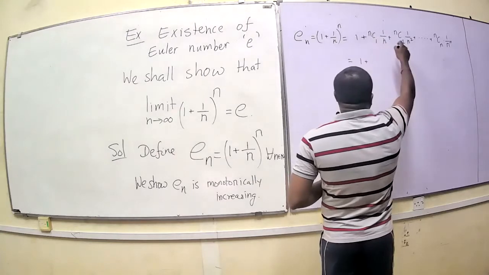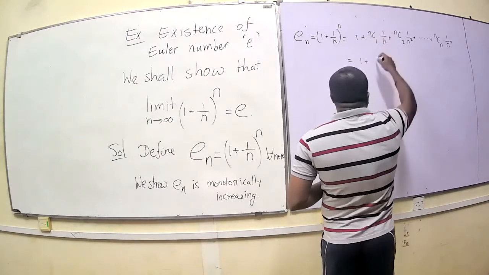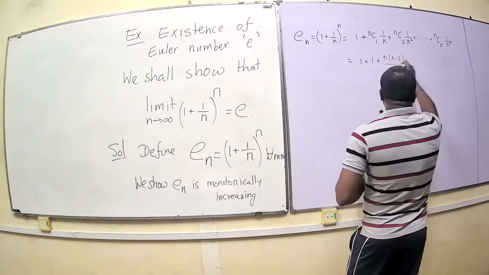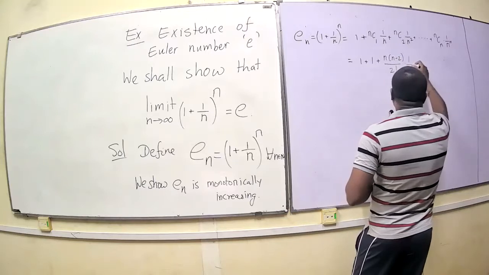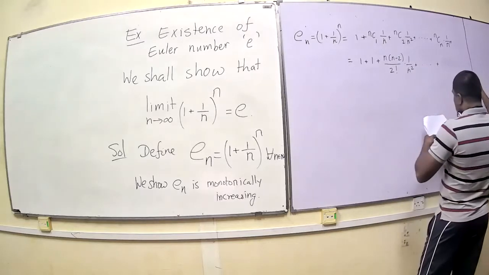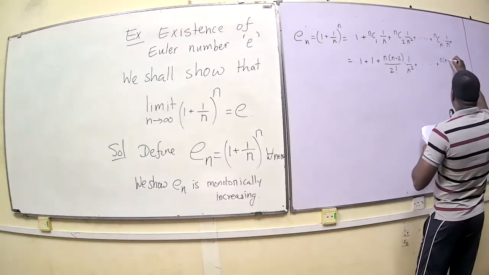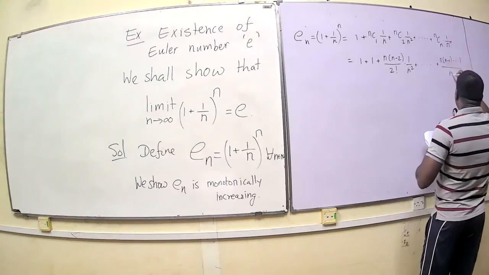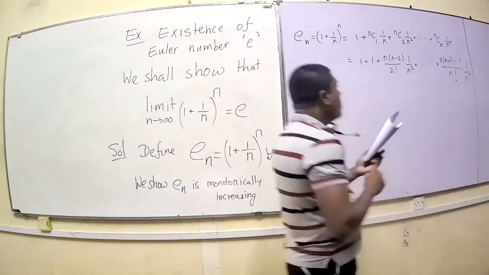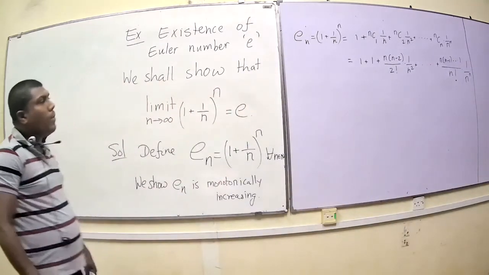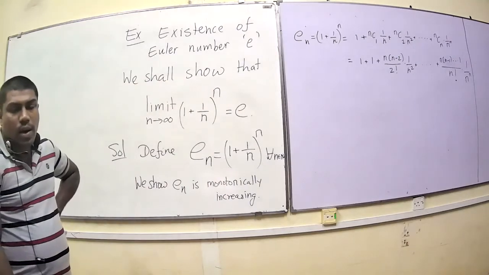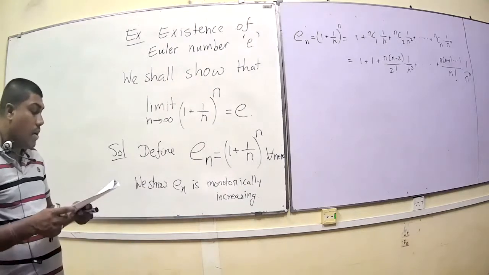So this is 1 plus nC1, which is n, times 1 over n, that is 1, plus nC2, which is n(n-1) over 2 factorial into n squared, plus all the way up to n(n-1) up to 1 over n factorial into 1 upon n to the power n. So nCn is also 1, but just for a purpose I write that as n factorial over n factorial. Right? So you have this.